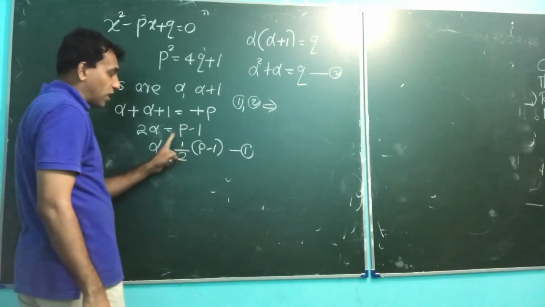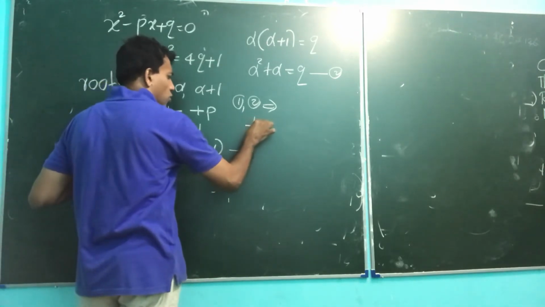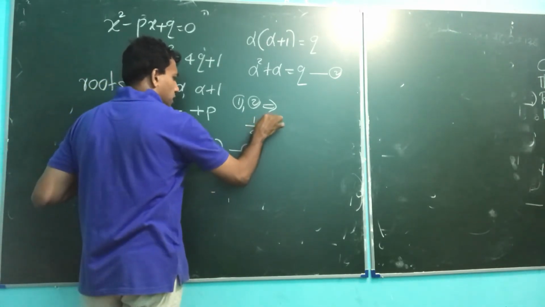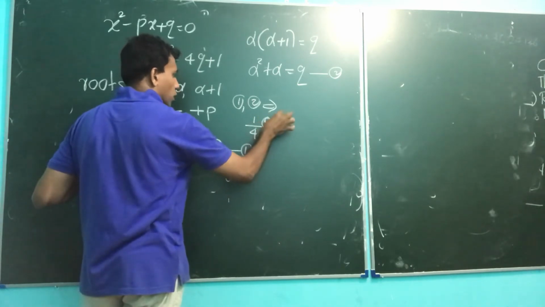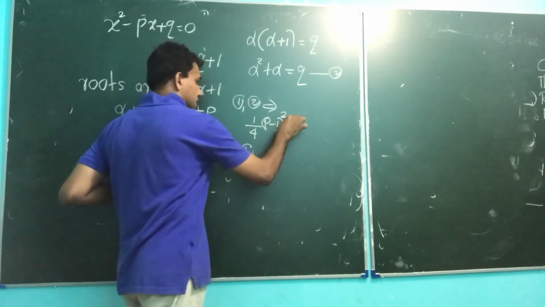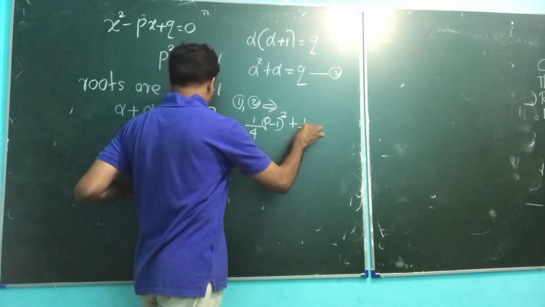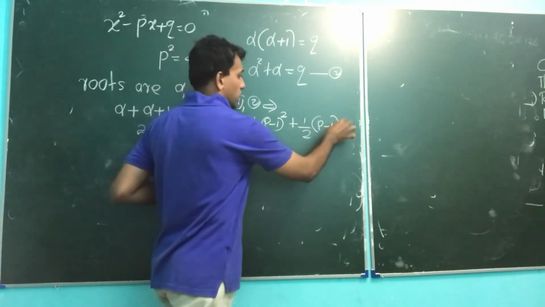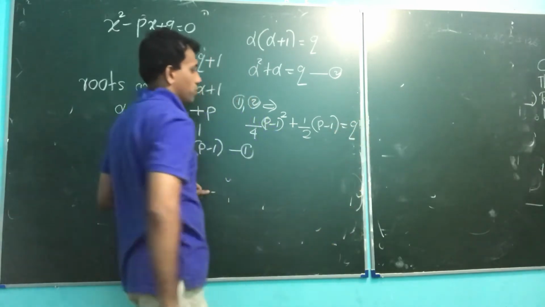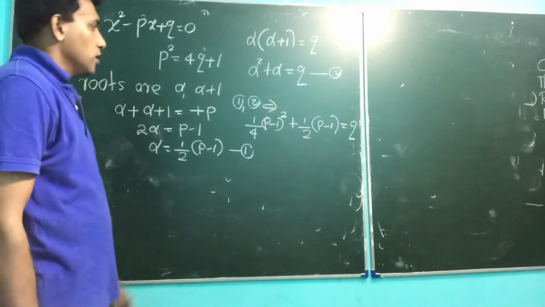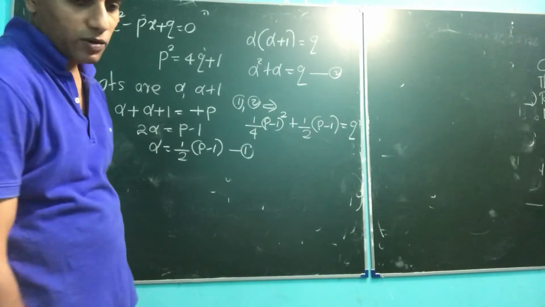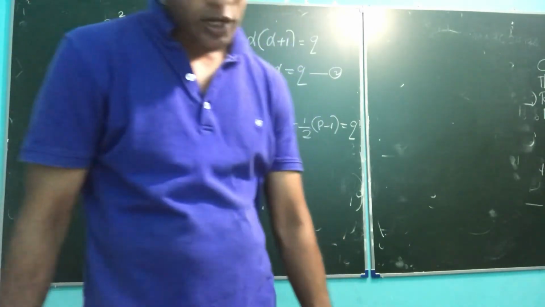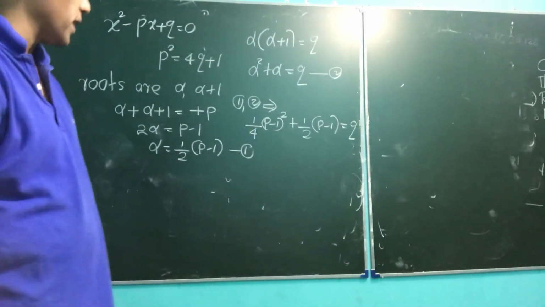What is alpha square? 1 over 4 p minus 1 square plus alpha, half into p minus 1, equal to q. And now we can get the answer. Let us simplify the given there. P square equal 4q plus 1 pattern.